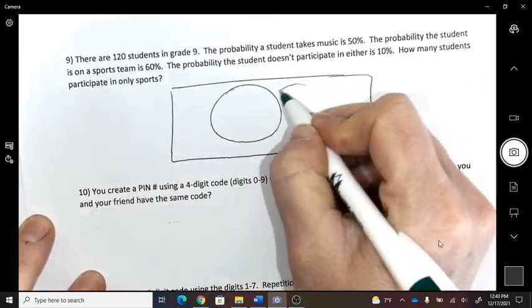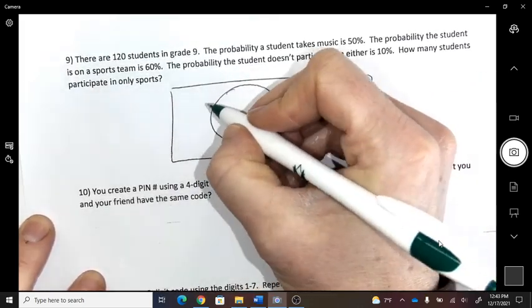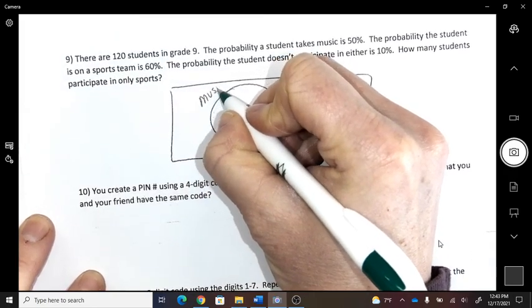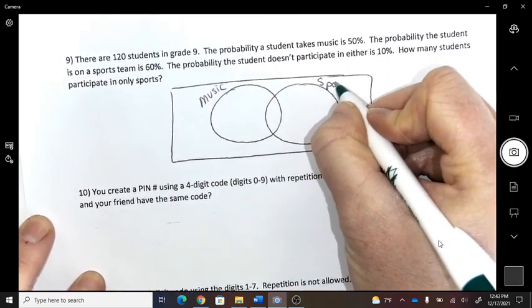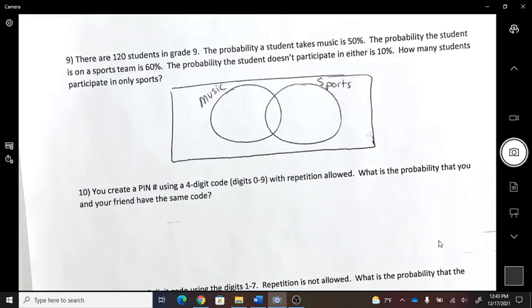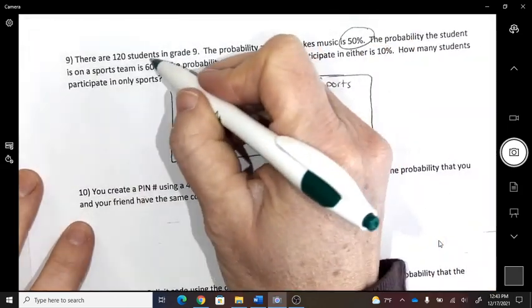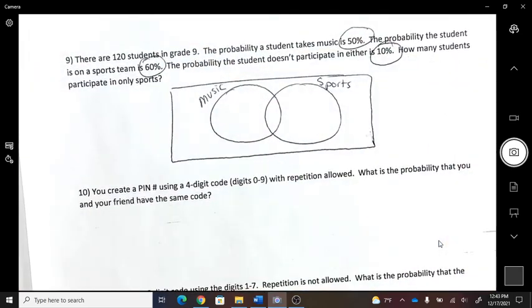So 2 bubbles. Looks like we're going to have a music and a sports bubble. Okay, 50, a 60, and a 10. You guys know that one of those values always seems to go somewhere. The 10 can go somewhere.